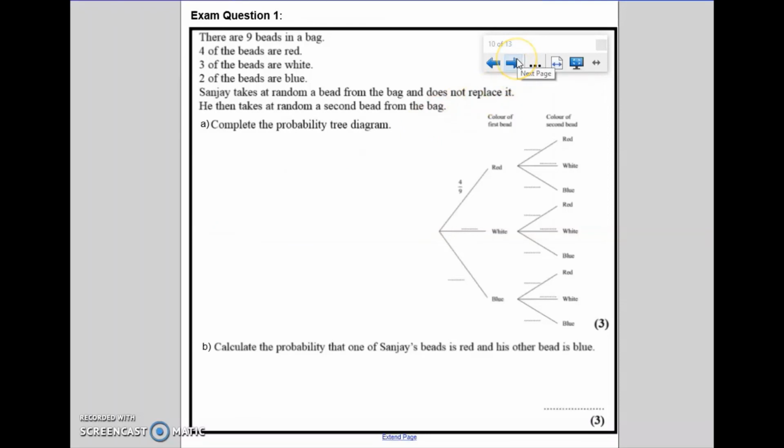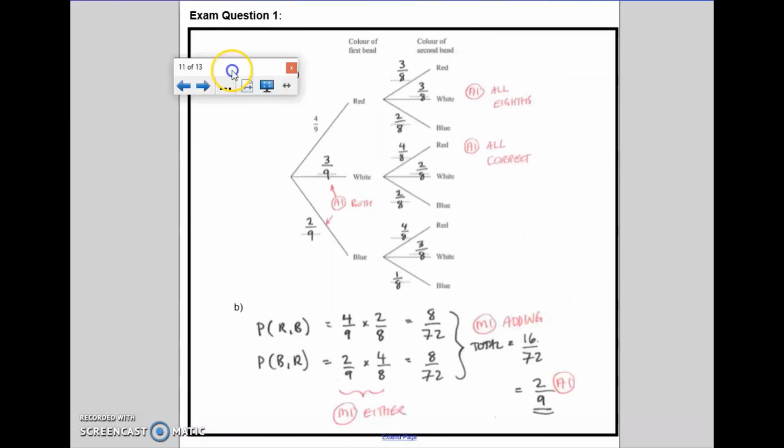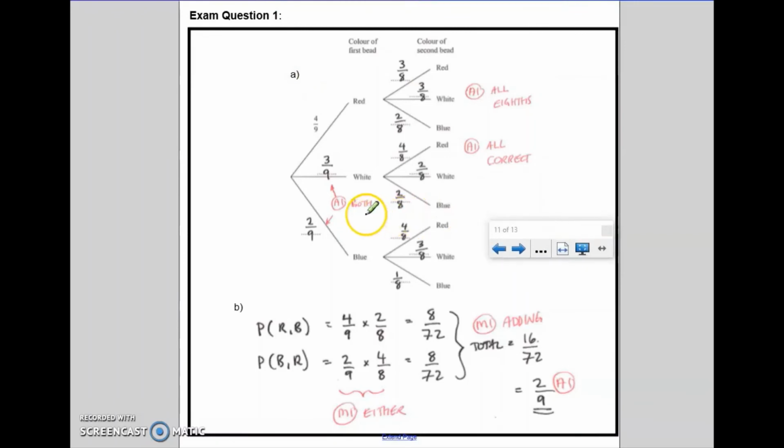Okay, welcome back. This is what your working out should look like. So you can see you get 1 mark here for coming up with the probabilities on your first choice of bead, taking the information from the question.